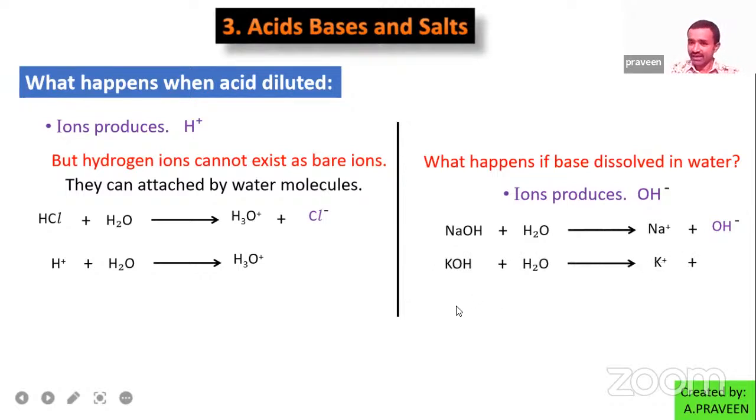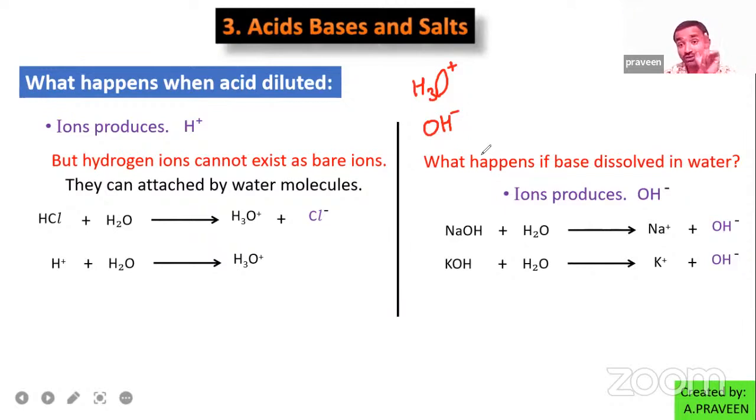So simply, one more thing we can conclude about acid and base behavior: acids are substances which can produce H3O+ ions in water, and bases are substances which can produce OH- ions in water.